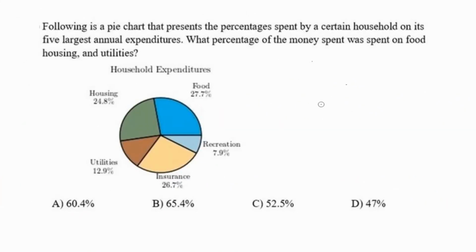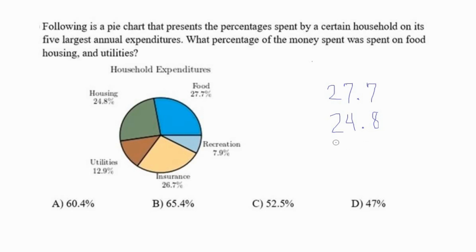Okay, so now we're ready to add up our 3 items in our question, and we have food at 27.7%. We have housing, which is the next item, at 24.8%, and you want to make sure that your decimals are aligned.